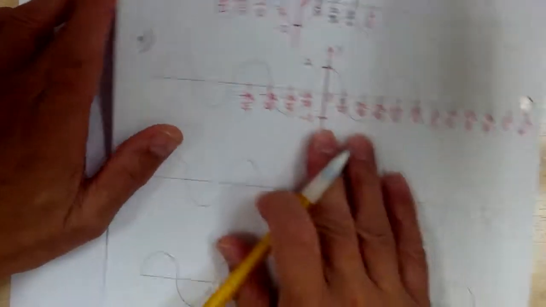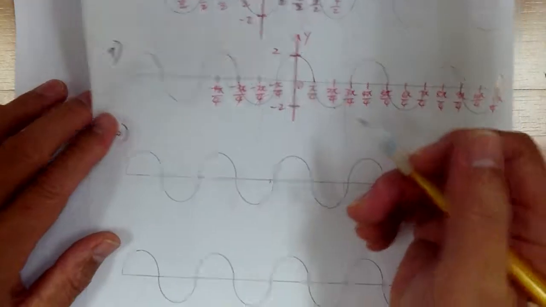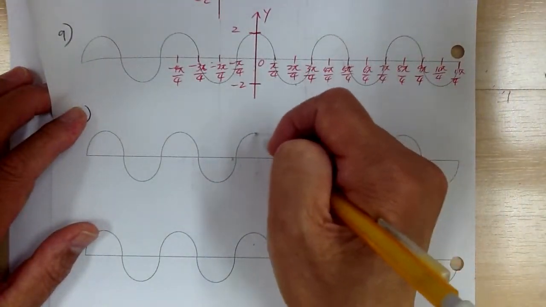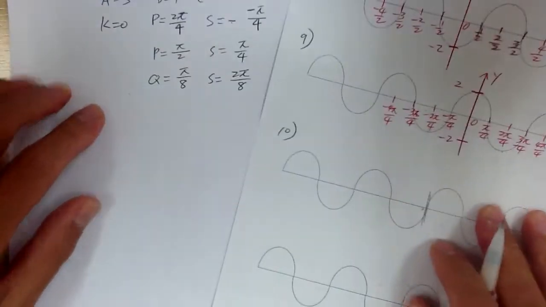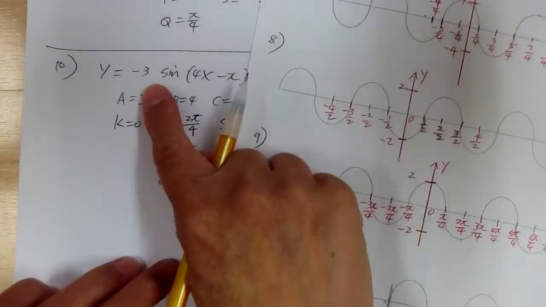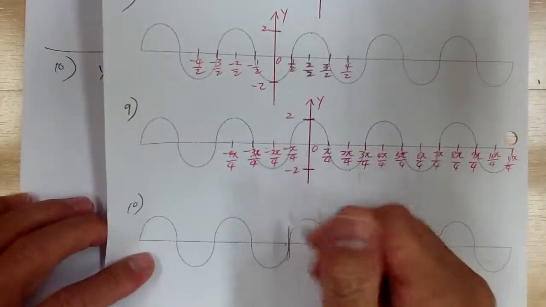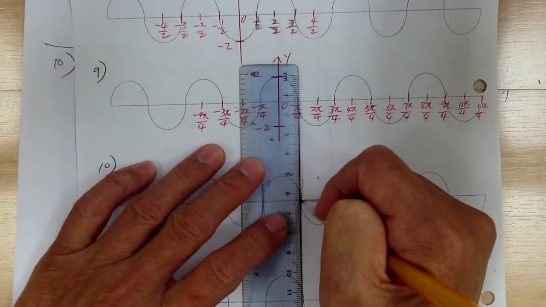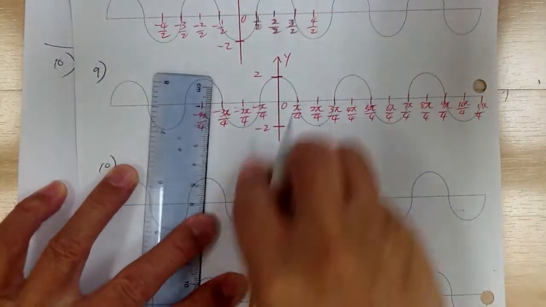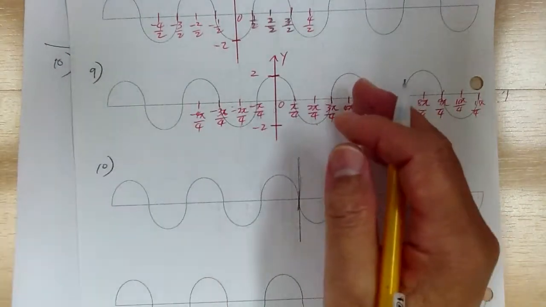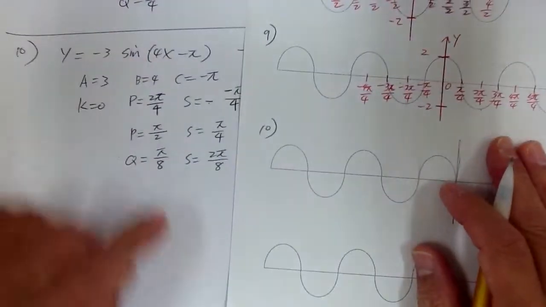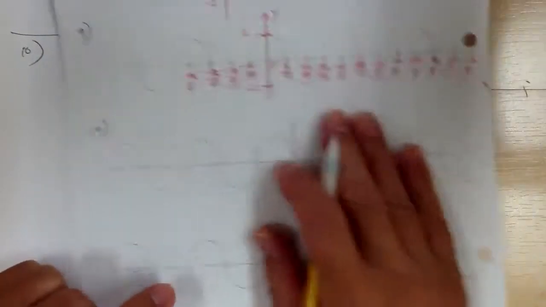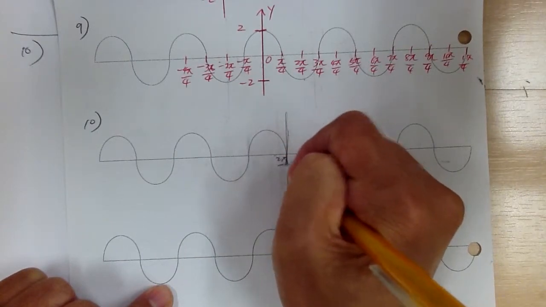Okay, so this is a sine function. Normally a sine function starts this way. Now because of the negative, you have to flip upside down, so instead of going up, you have to go down. Okay, so therefore this would be right over here, and that would be the value of the shift. So s equal to 2 pi over 8.